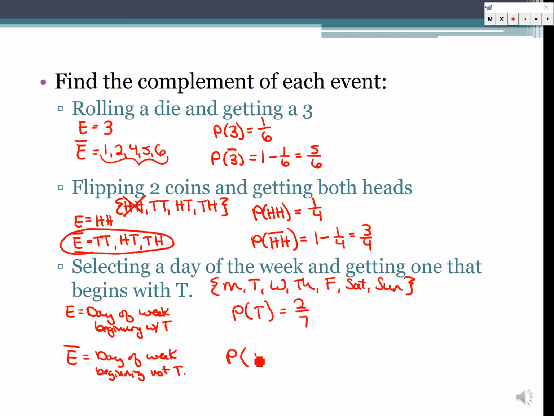So probability of not starting with a T, you can do 1 minus 2/7, or however you came up with 5/7 is okay. Again, I don't want these ugly decimals. I don't want us rounding when we can do something as simple as 5/7. Okay, that's what I'll be looking for.